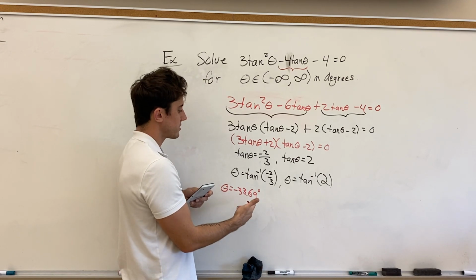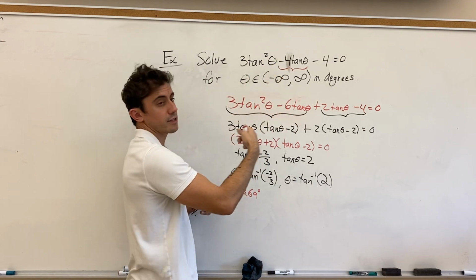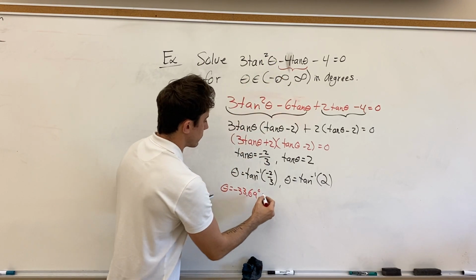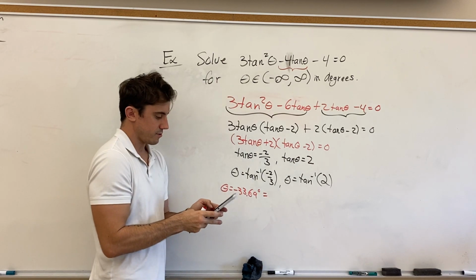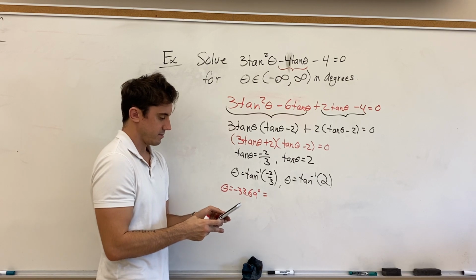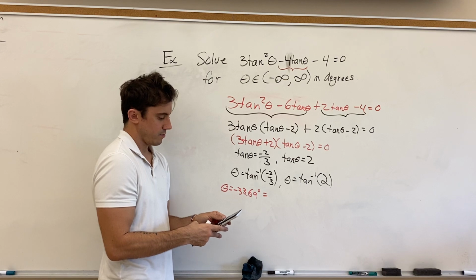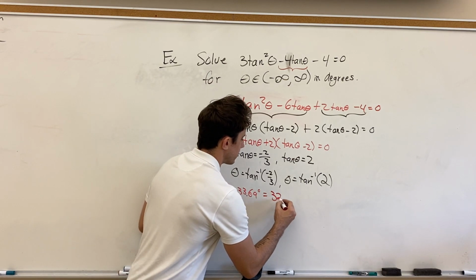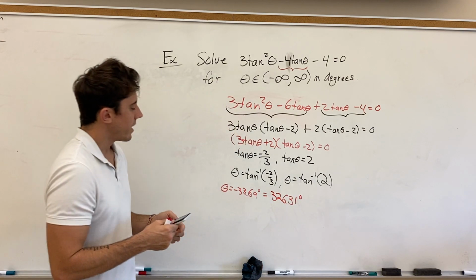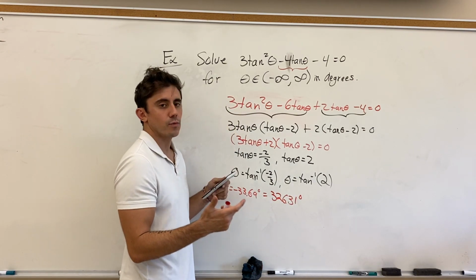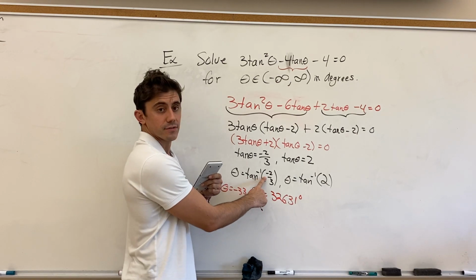So negative 33.69 is the same as 360 minus 33.69, right? And so really, that's the same as 360 minus that, which is 326.31 degrees. And now let's consider where our tan is negative, right?